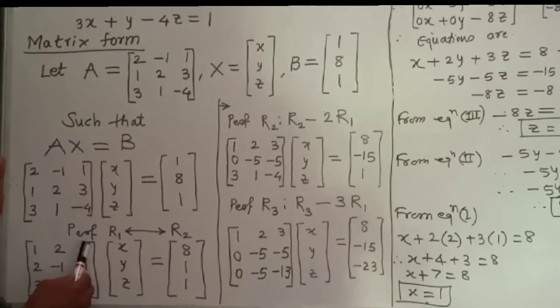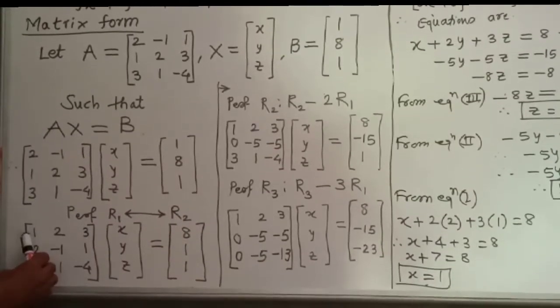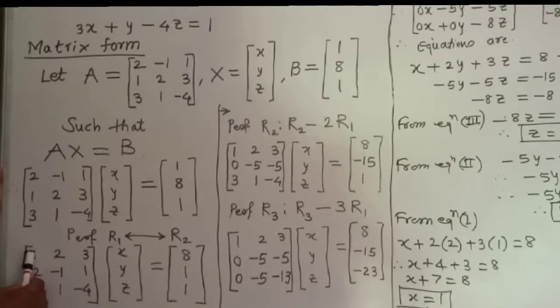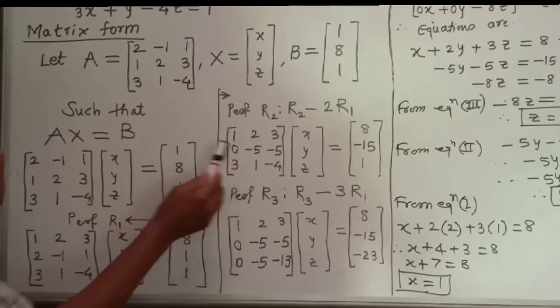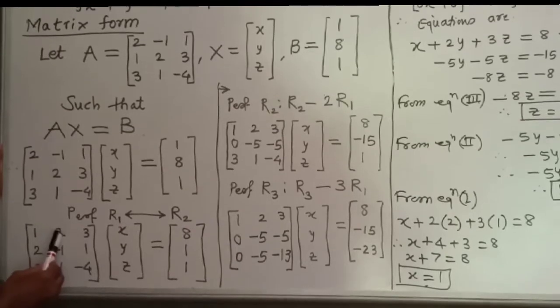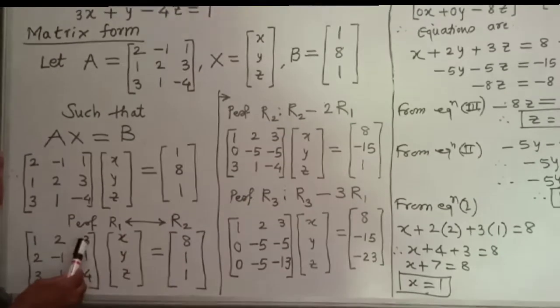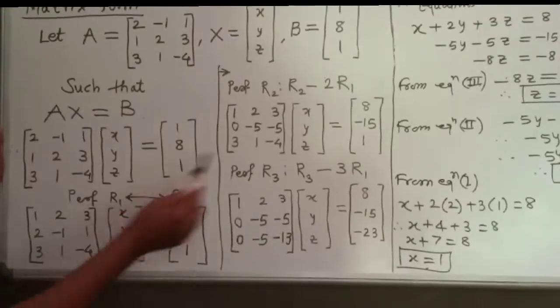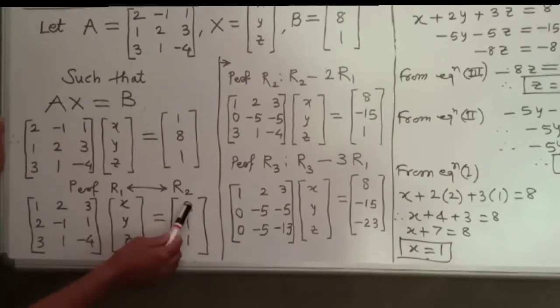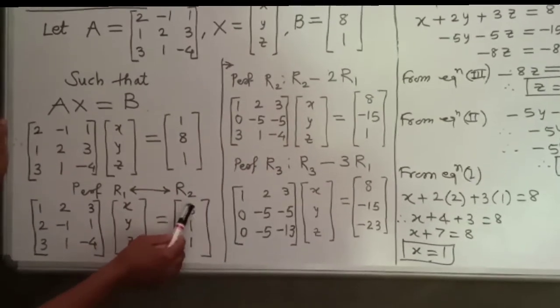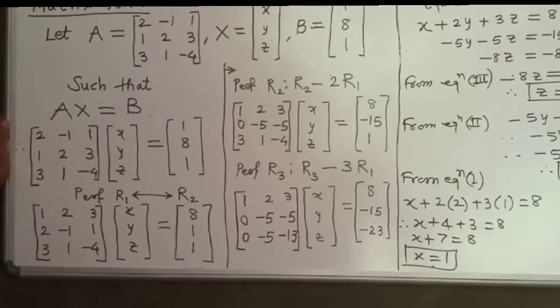We consider R1 after multiplying by 2, which is 2, 4, 6. So 2 minus 2, here 0. Minus 1 minus 4, minus 5. And here 3 into 2, 6; 1 minus 6, minus 5. Here also 8 into 2, 16; 1 minus 16, minus 15.